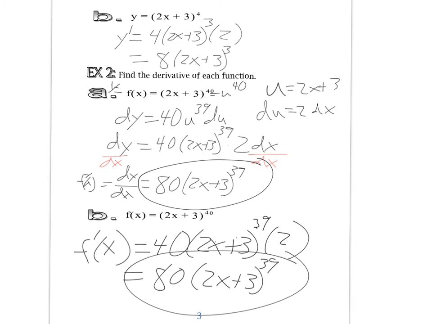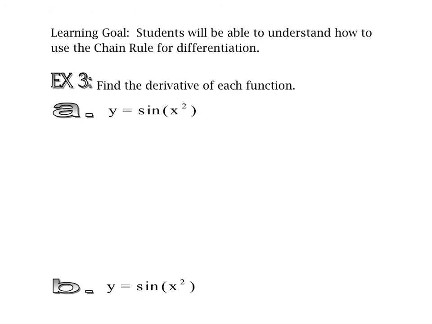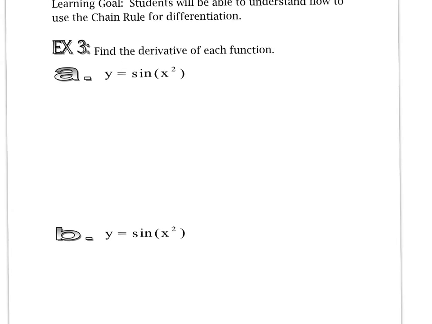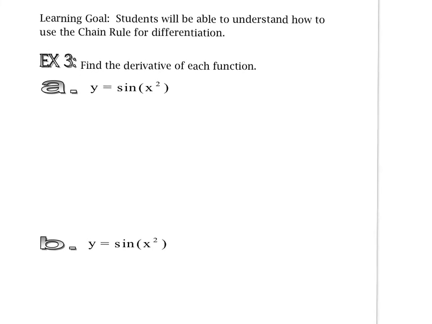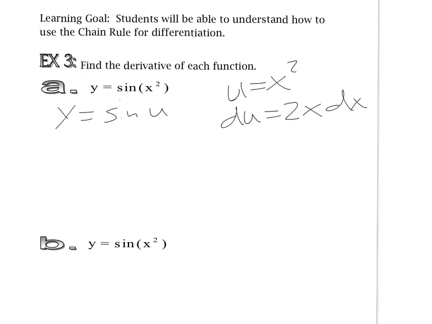All right, let's go to the last page. So first one again, I'll do u substitution. U is going to equal x squared. That's a u whether you like it or not. And du then would be 2x dx. And so y is really like saying the sine of u. And so dy would be the cosine of u times du.